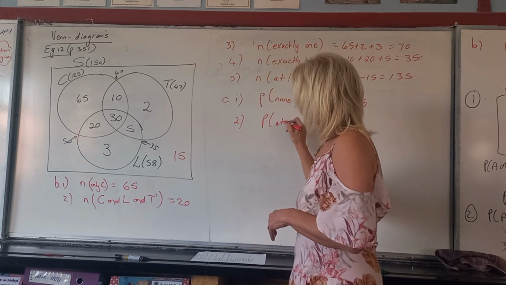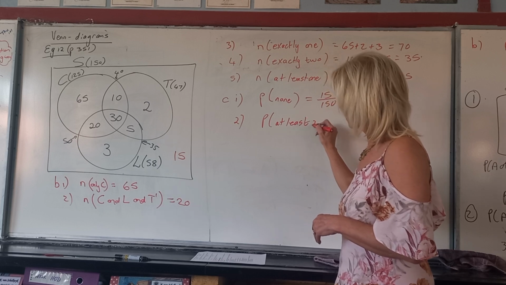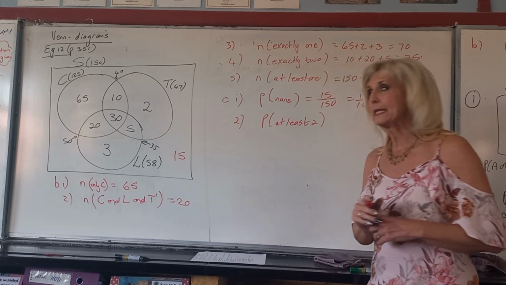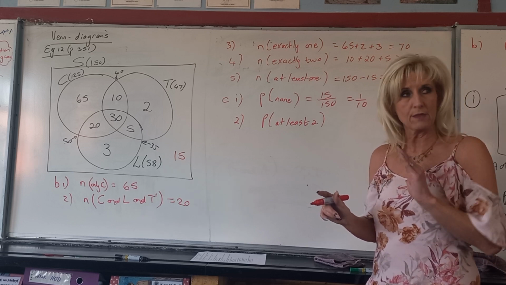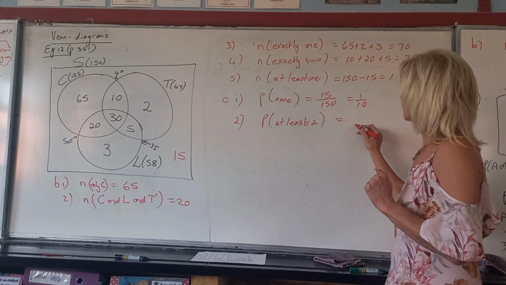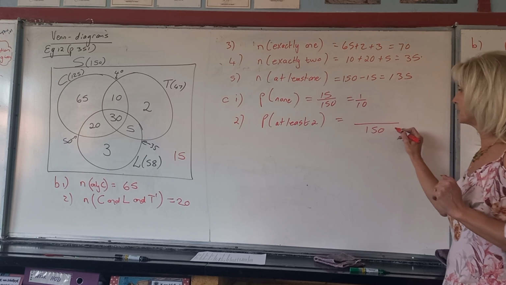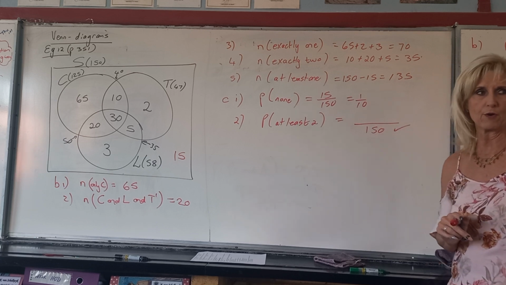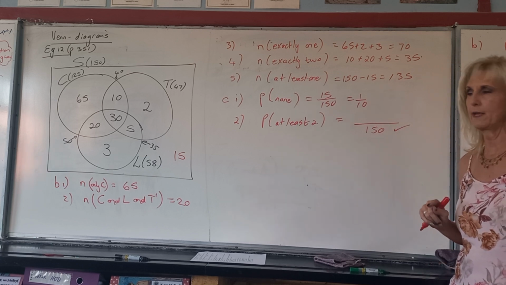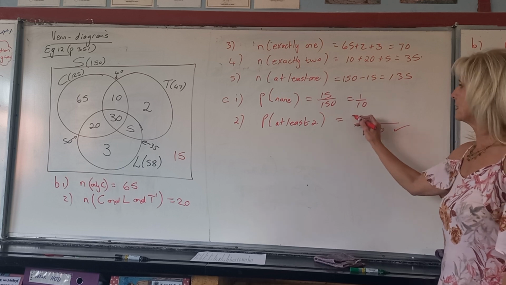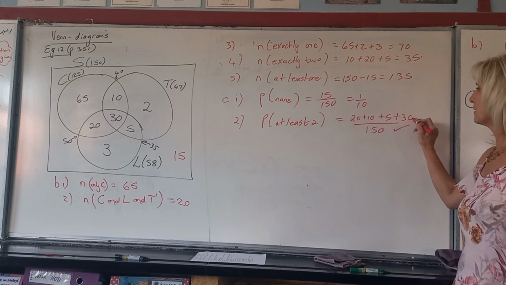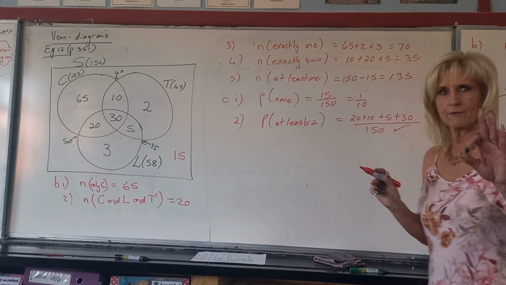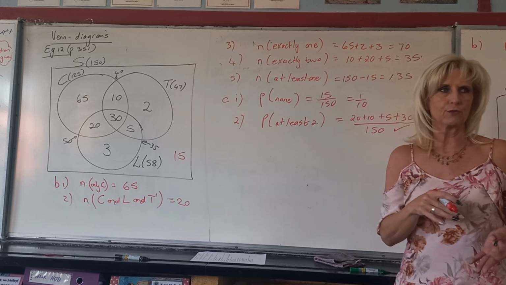Probability of at least 2 of the devices. At least 2 of the devices means 2 and 3. So for probability, it will definitely be out of 150. And guys, that would probably be a mark for knowing it's out of 150. At least 2, so that would be the 20, the 10, and the 5, but also the 30, because 3 of the devices is also at least 2.